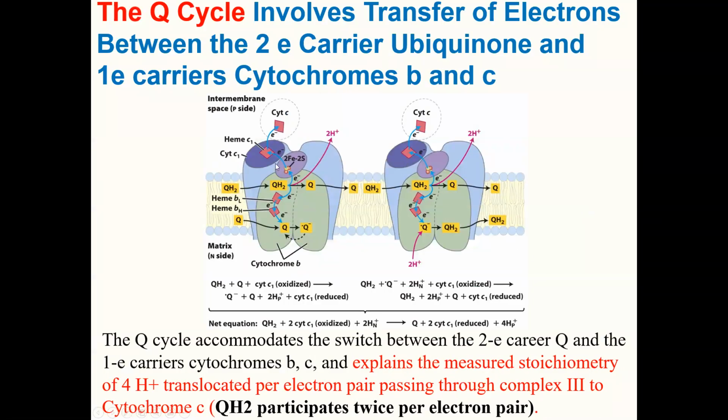So it is a massive complex. Cool. So how do electrons from QH2 get transferred to cytochrome C, and how protons are pumped is explained by this Q cycle.